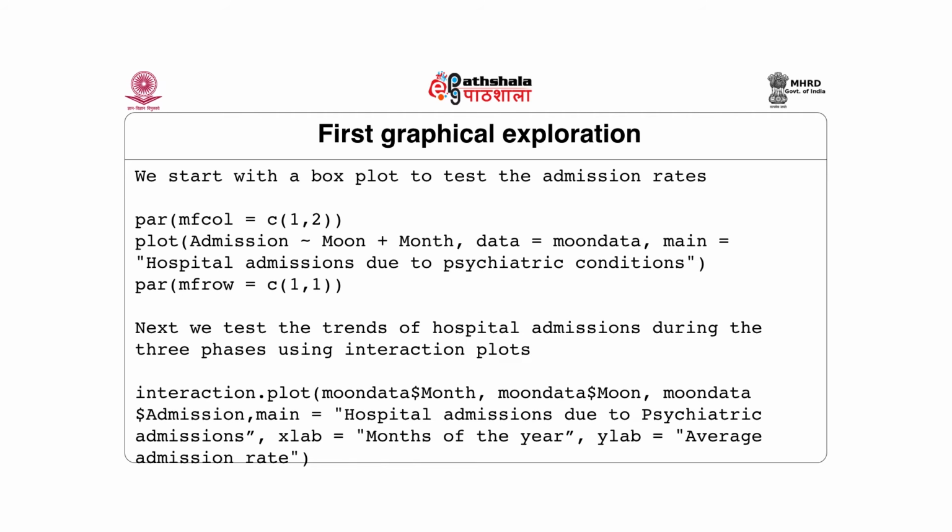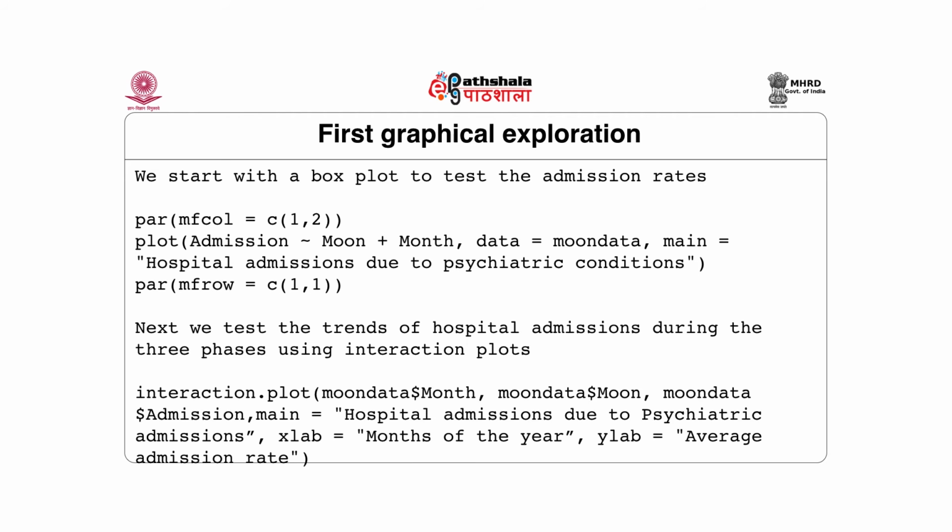So now we are in a position to say whether, after adjusting for the monthly admission rate, what would be the ranks for the three situations, that is pre full moon night, on full moon night, and post full moon night.